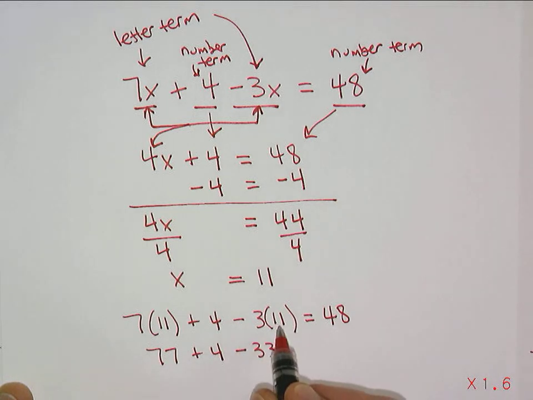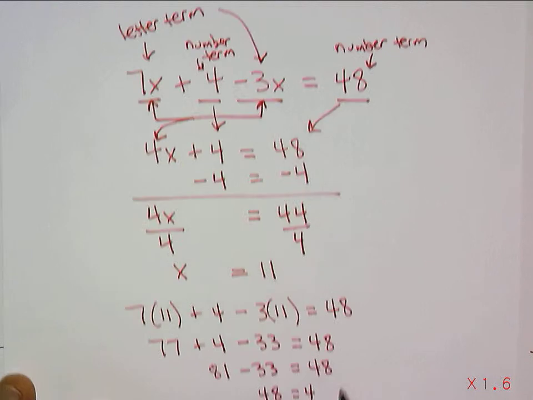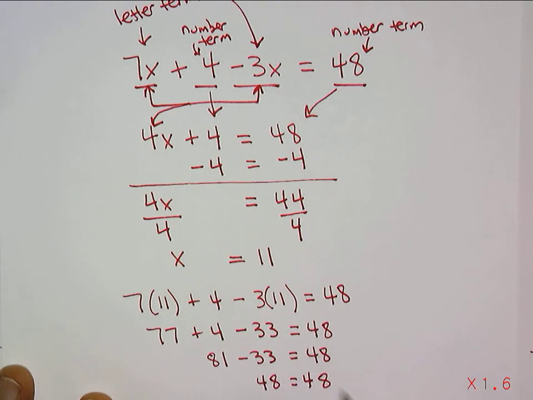Negative 3 times 11 is negative 33 equals 48. So what I have is 77 plus 4 is 81 minus 33 equals 48. And 81 minus 33 does equal 48.